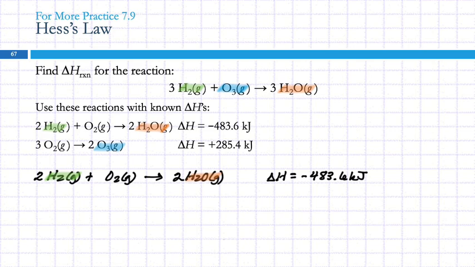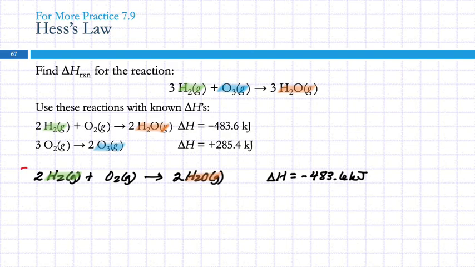Is that the correct coefficient on H2? No, I want it to be 3. What can I multiply 2 by to get 3? It's simple whole number fractions here. If I multiply by 3/2, would I get 3?